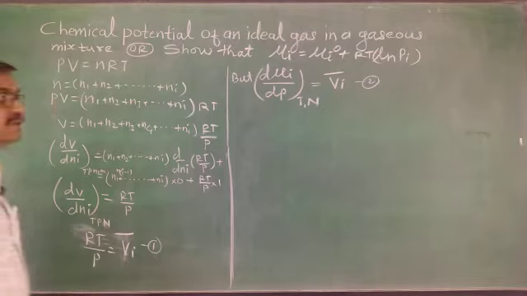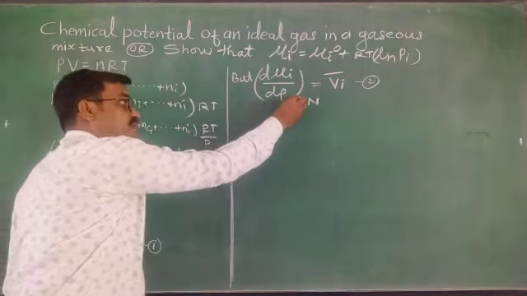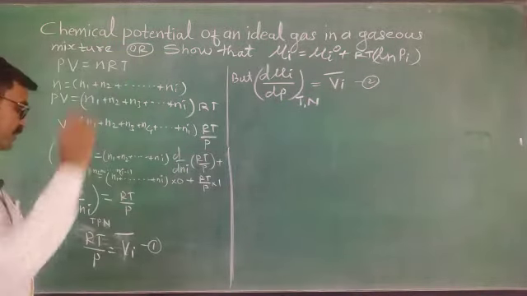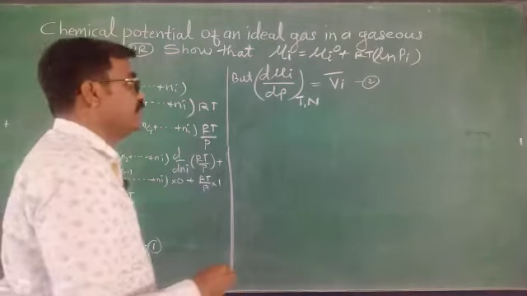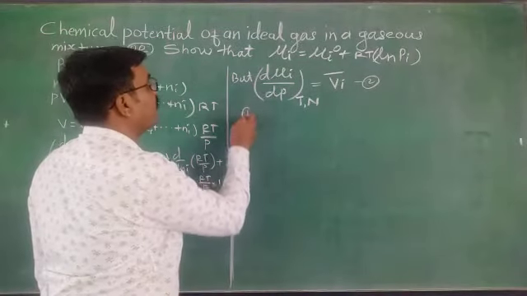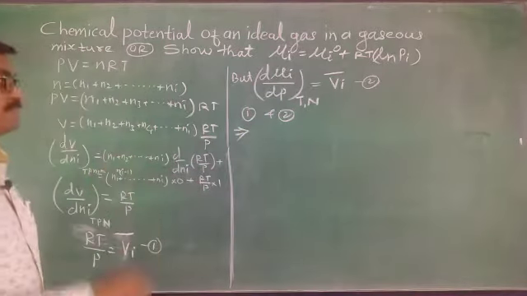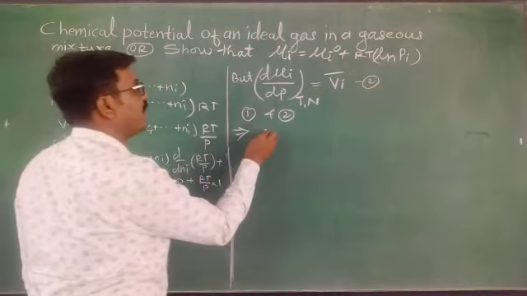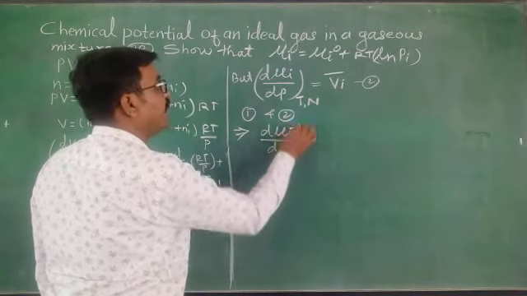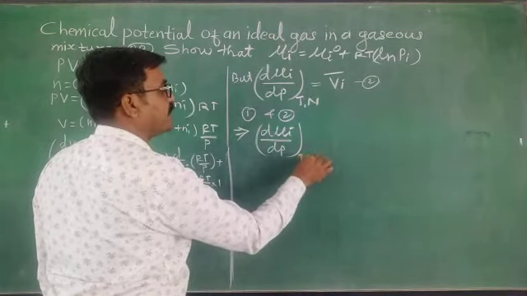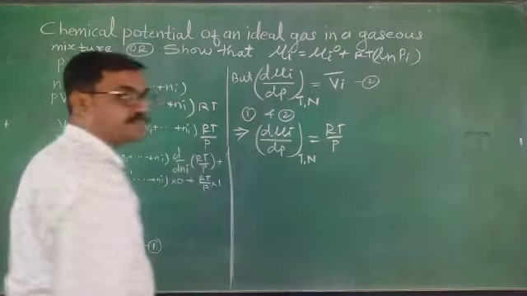It is equation 1. Here dμi/dP at constant temperature and constant number of constituents is also equal to Vi bar. Now from equations 1 and 2, the RHS are the same. That's why you may write dμi/dP at constant temperature and constituents is equal to RT/P.